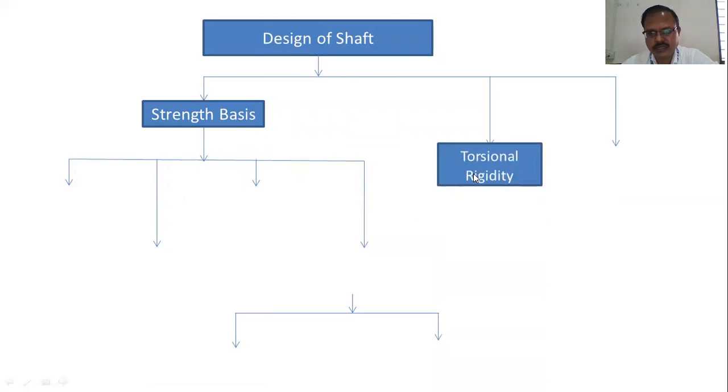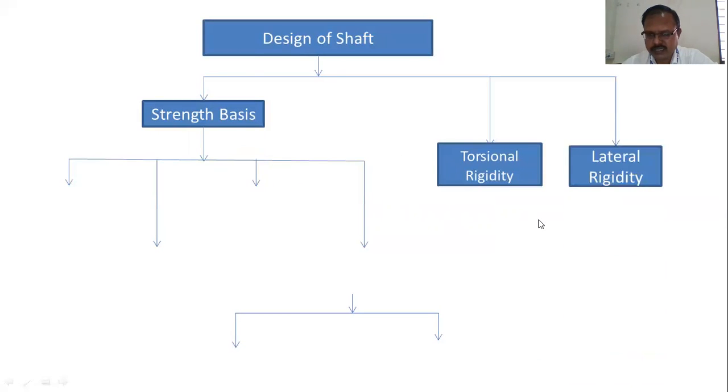Again, shaft can be designed on the basis of torsional rigidity. Torsional rigidity means the angle of twist when the shaft is subjected to torsional moments, or simply torque or twisting moments, then it gets twisted. If that angle of twist is within the permissible limits, then we can say that the shaft is safe on the basis of torsional rigidity.